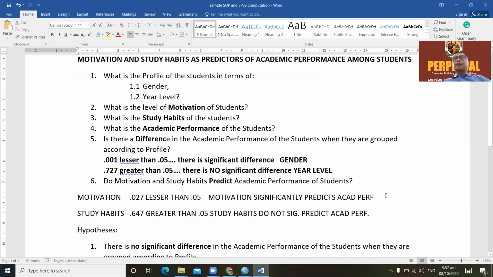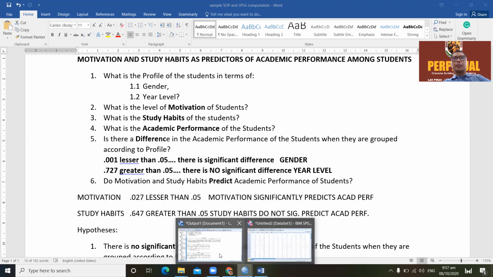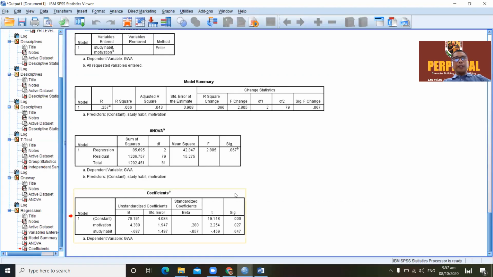Now, you have already answered the question: do motivation and study habits predict academic performance? Motivation predicts academic performance. But the question now is, to what extent? What is the power of its influence? You go back here again and look for the standardized coefficients beta. Look at this data. It's 0.280.